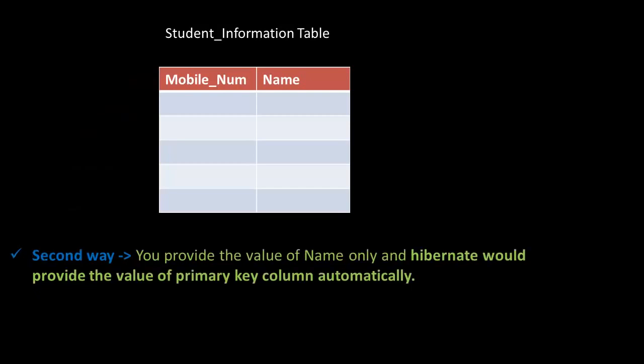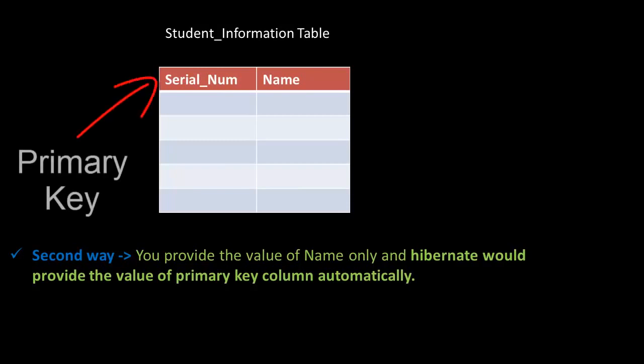And the second way people go with when the primary key column is not so well defined and doesn't contain any business information in it. If the primary key field is a serial number in the same student_information table and the serial number would just talk about whose information we inserted first into the database table. So this serial number would just be a sequence of numbers starting from 1.